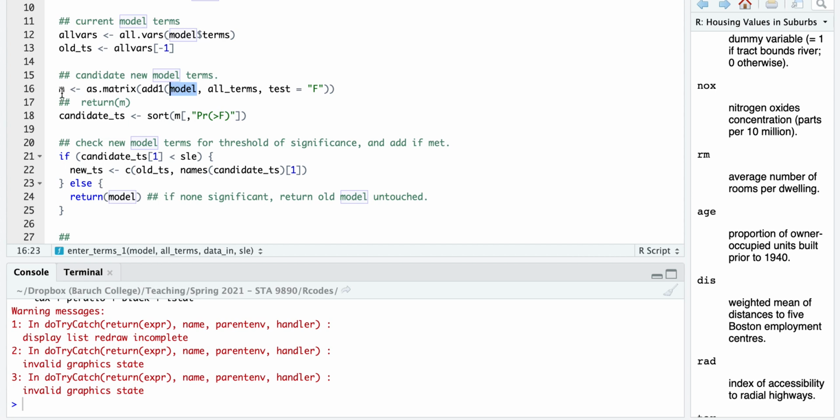And one of the columns of this matrix is the p-value.